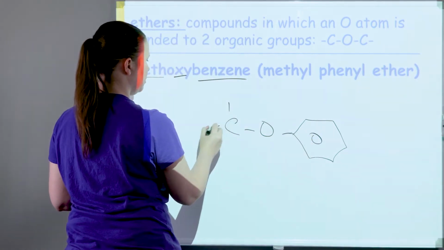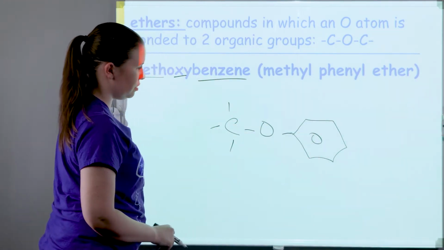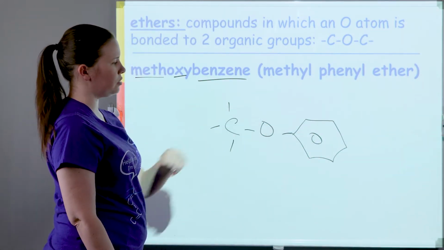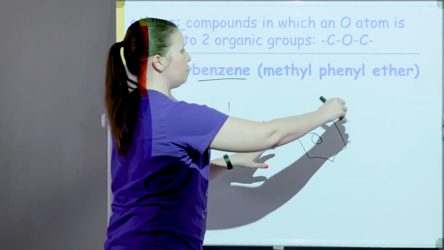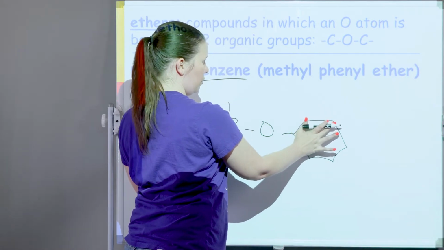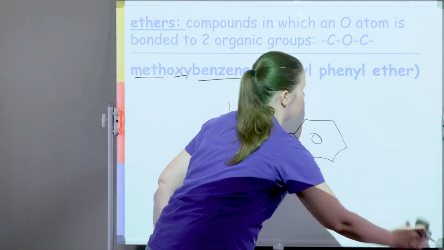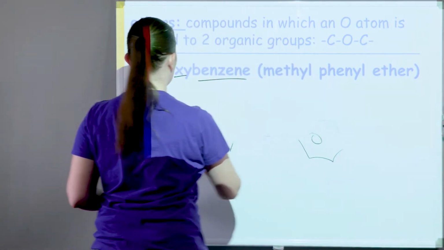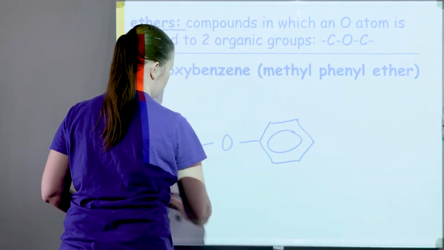The carbon still needs hydrogens. The oxygen does not. And then I have my benzene, which does have 6 hydrogens, but it's all represented with that symbol there. You're going to get the same thing for the ether, starting with the oxygen this time. And then you add your methyl group and your phenyl group, and you end up with the same structure. So this is our methylphenyl ether, or methoxybenzene. Same molecule, 2 names.